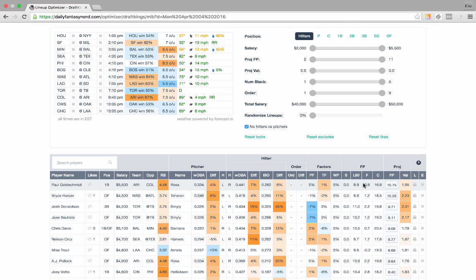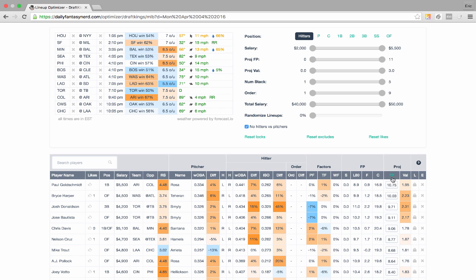So the way that this is useful is that assuming a normal distribution, you'd expect a player to exceed their floor about 84-85% of the time, and you expect them to exceed their ceiling about 15-16% of the time. So floor is a useful stat for cash games, and ceiling is a useful stat for GPPs because you want to look for upside in GPPs and you want to look for consistency in cash games.